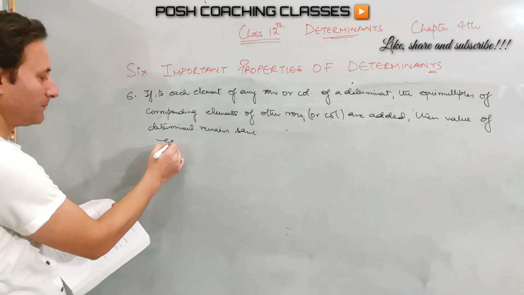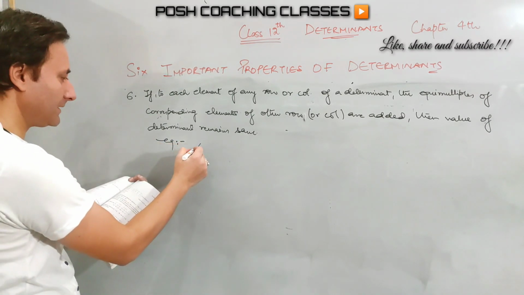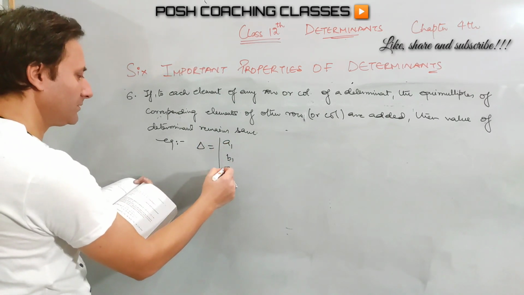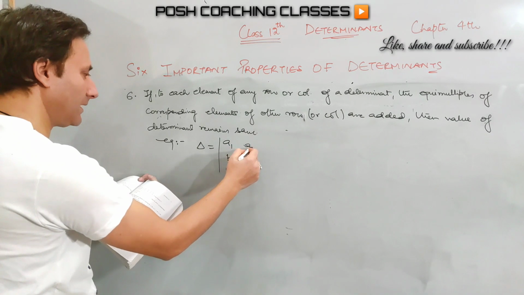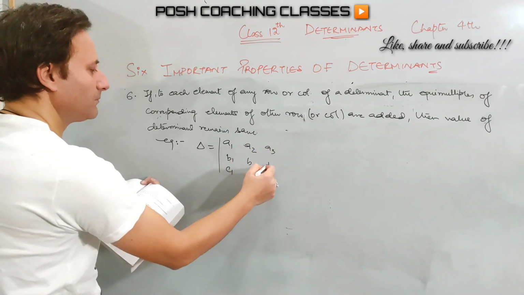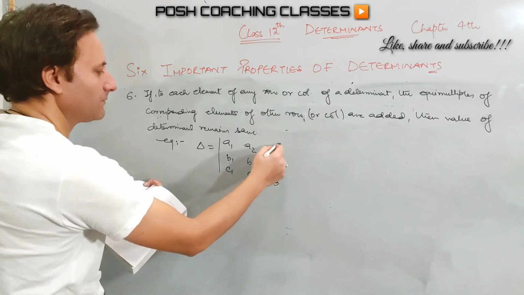Let me take an example here. For example, I'll take delta equals a1, b1, c1, then a2, b2, c2, and a3, b3, c3.